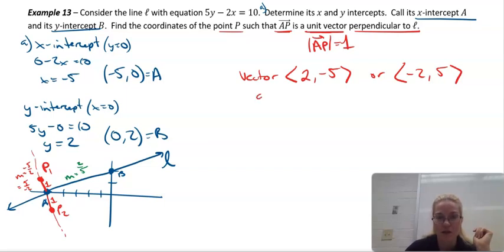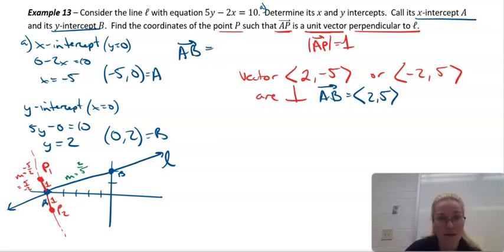Those vectors are perpendicular. They're orthogonal to vector AB, going from A to B. I would have 0 minus -5 is 5, and 2 minus 0 is 2.